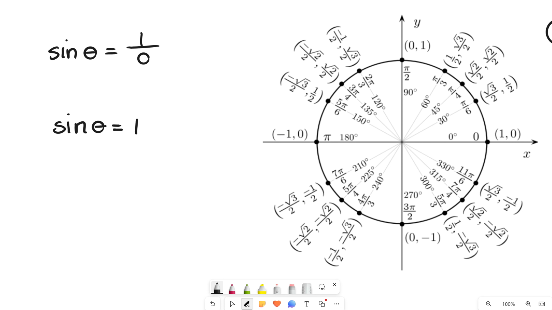Okay, so here we are examining our unit circle. Sine theta has to equal 1 over 0. Now we know that sine means y values, okay? We're looking at only the y values. So where is the y value 1 over 0? Now what you need to remember is that 1 over 0 means that it is undefined. Anytime you divide by 0, that means it's undefined.